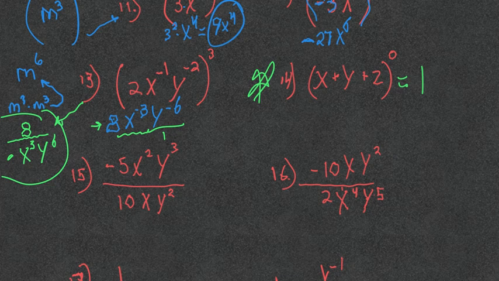On this one, negative 5 over 10 simplifies to negative 1 over 2. And I have other stuff on top and other stuff on the bottom. Let me make it a little neater, maybe. I'm not able to. Okay. All right, so negative 1 over 2. And I have x squared on top and x to the 1 on the bottom. That's kind of like, look over here for a minute.